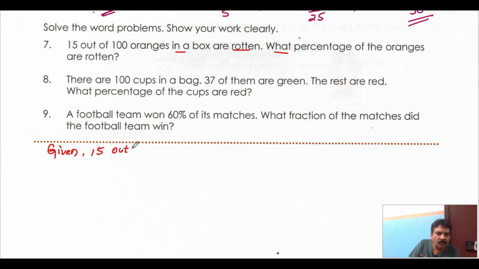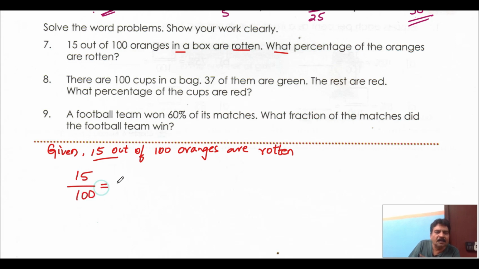Out of 100 oranges, 15 are rotten. Means, see here, 15 out of 100 means what? 15 out of 100.